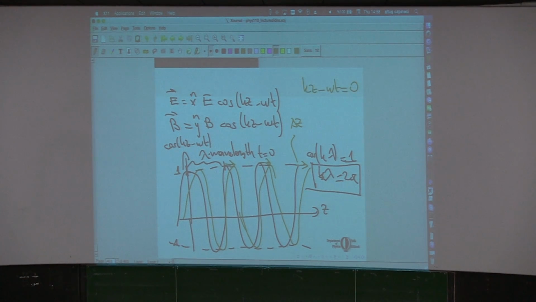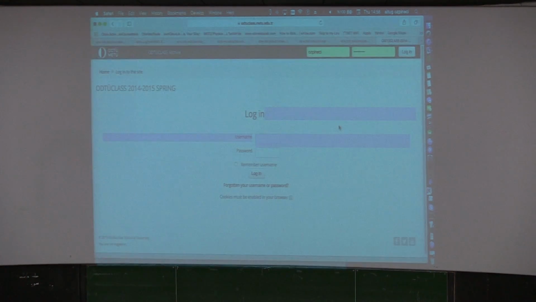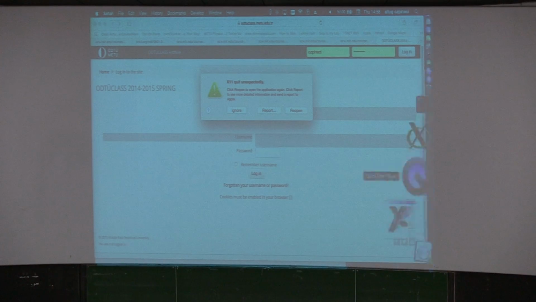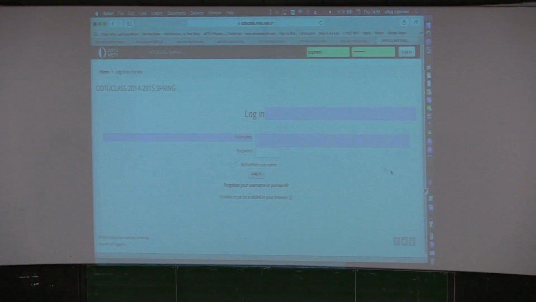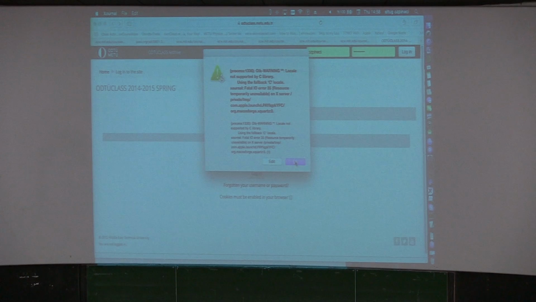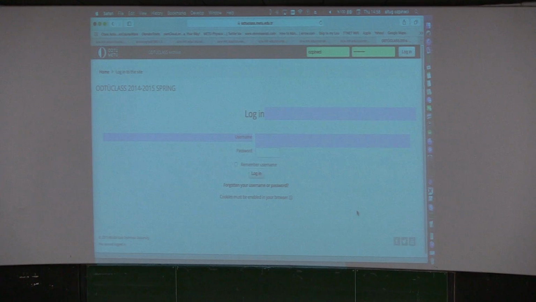So z over t is equal to omega over k. This omega over k tells me the velocity of this wave.